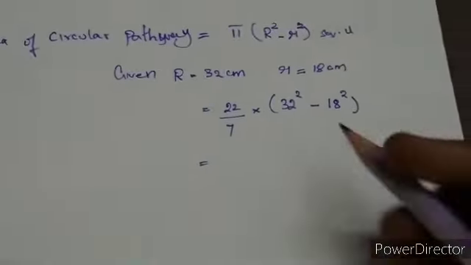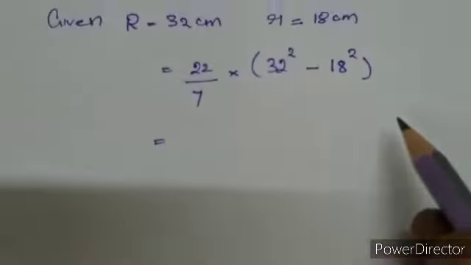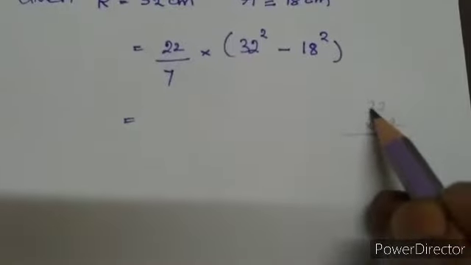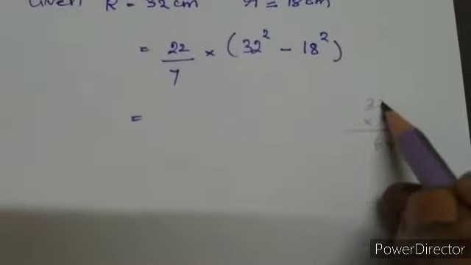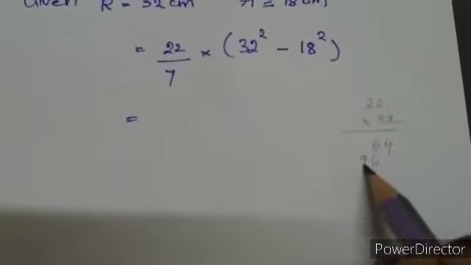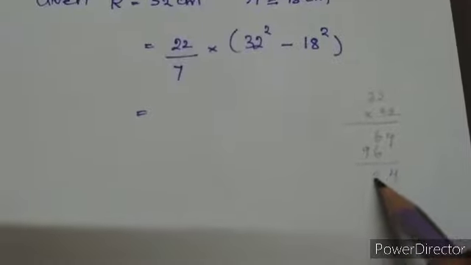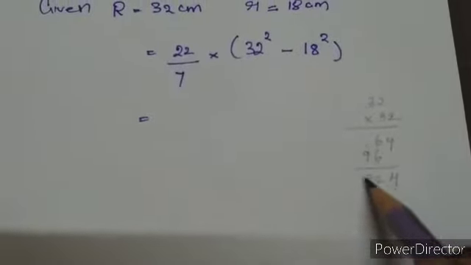Okay. 32 square, the base we have to multiply 2 times. So 32 into 32, 2 2s are 4, 2 3s are 6, 3 2s are 6, 3 3s are 9, now 4, 6 plus 6 is 12, carry over 1, 10.